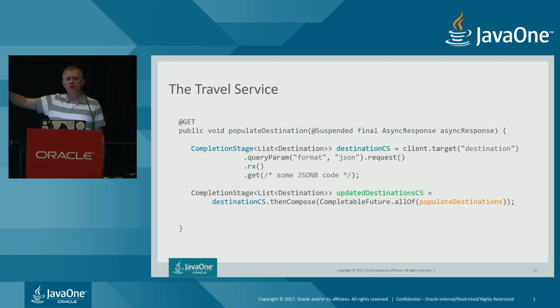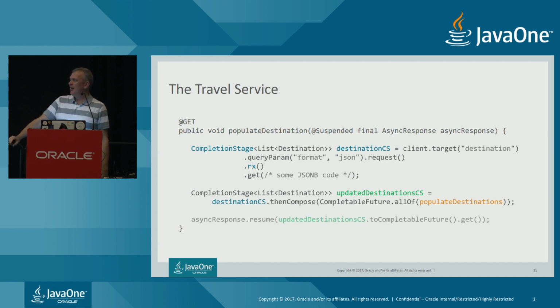Remember that this populate destination returns itself an array. Okay? So this CompletableFuture allOf will be completed once all the destinations have been populated with their properties I want to set. This returns an updated destination completion stage, and I need to pass the payload of this completion stage to the AsyncResponse, because this is the way this pattern works in JAX-RS 2.0.